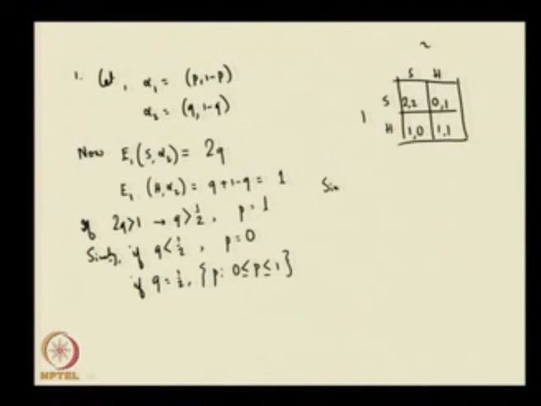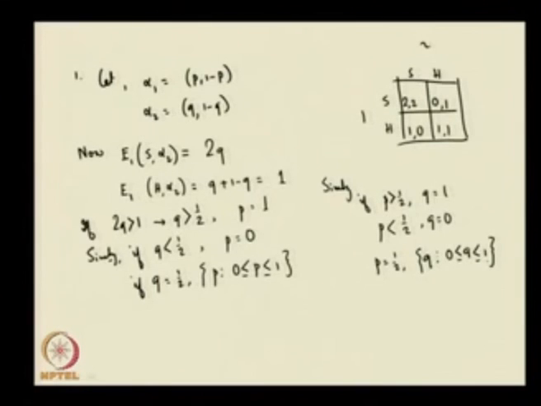Similarly, we can find out the best response function of player 2 also, which will be: if p is greater than half, q will be equal to 1; if p is less than half, q is equal to 0; and if p is equal to half, then q can take any value. So, we have to basically plot these two best response functions and find the Nash equilibria.